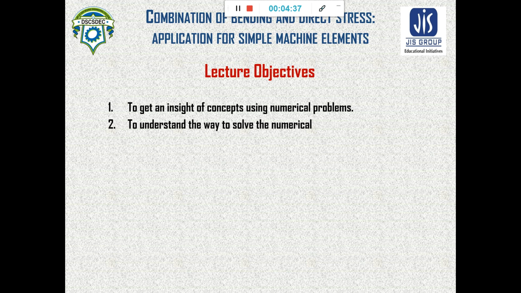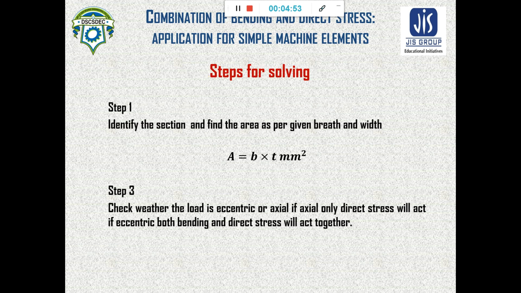Whenever there is a rectangular link and you can confirm that eccentric loading is acting, you can easily solve the problem by following these steps that we are going to discuss.